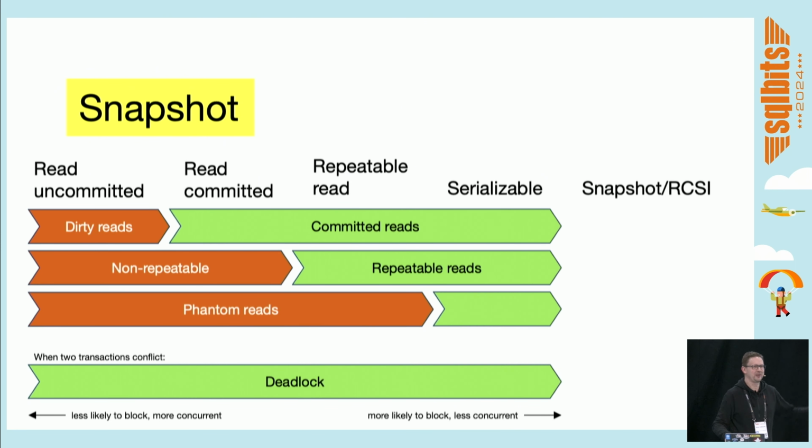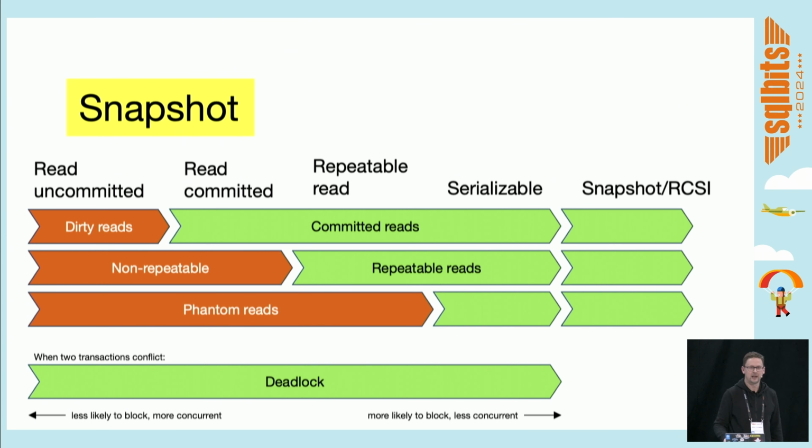So this introduces a whole new set of rules for us. Well, actually, it doesn't. Because it remembers what the data looked like when you accessed it, there are no dirty reads. You can only see committed stuff because you saw what was committed when you queried it. You don't get non-repeatable reads because the data doesn't change. It's versioned for you. You have your version that you see implicitly. And there are no phantom reads for the very same reason.